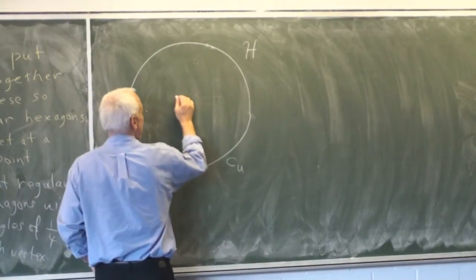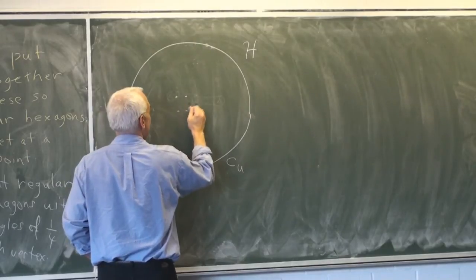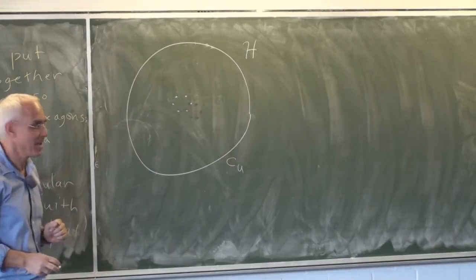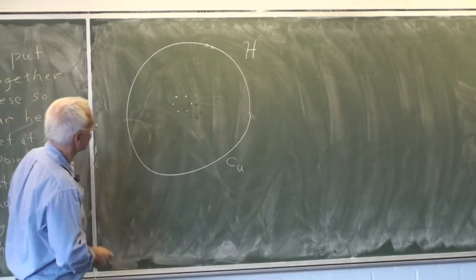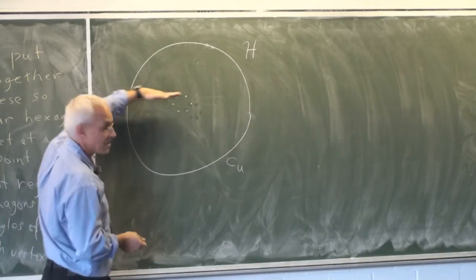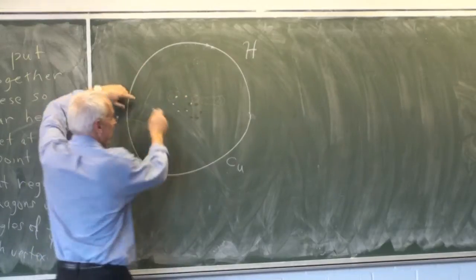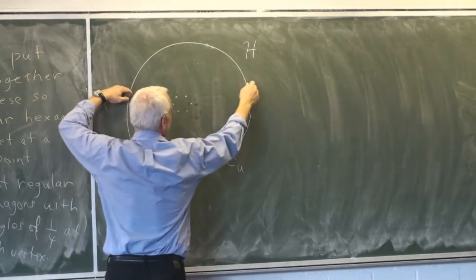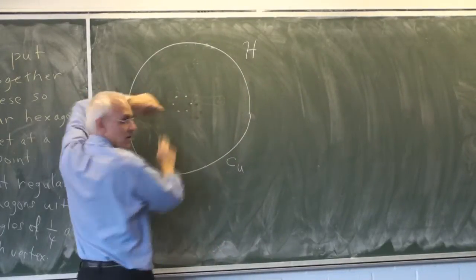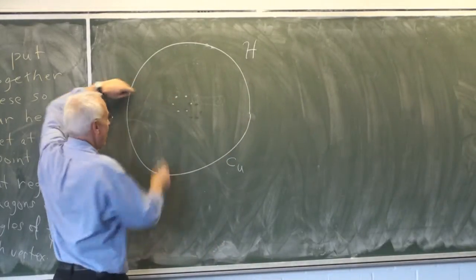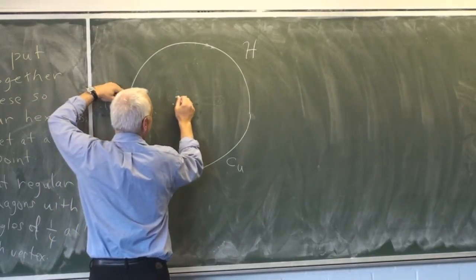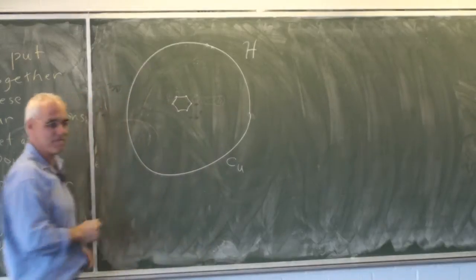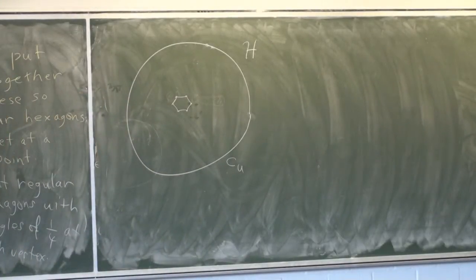If we have 6 points which are very close to the center of the sphere, and they're regularly spaced, then the hyperbolic lines through them are pretty well straight lines, because these circles that are supposed to meet perpendicularly, if they're going through the center, are almost straight lines. So these will be almost like a Euclidean hexagon.